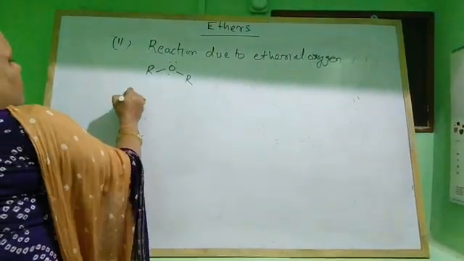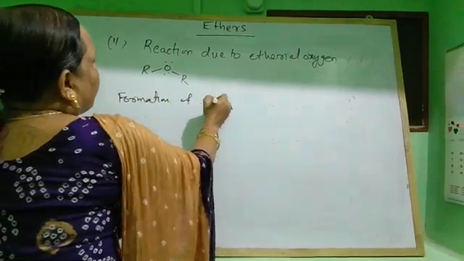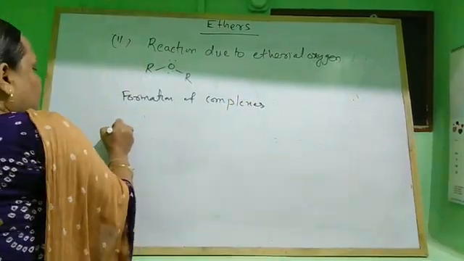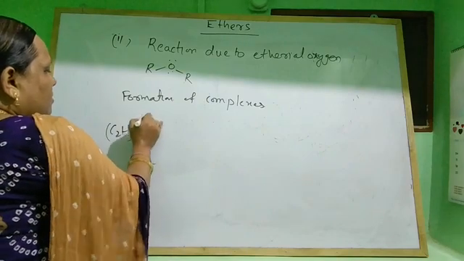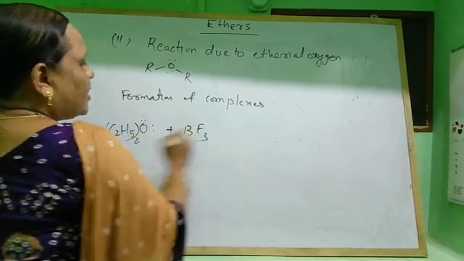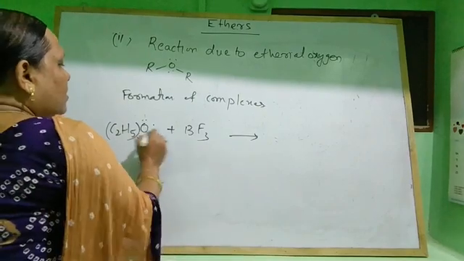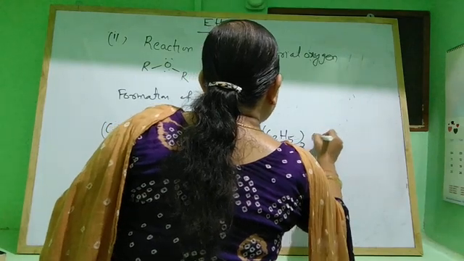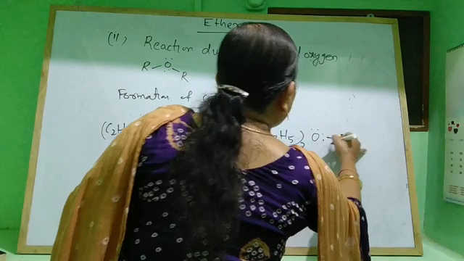So first, formation of complexes. Diethyl ether plus boron trifluoride forms a complex with a coordinate bond.